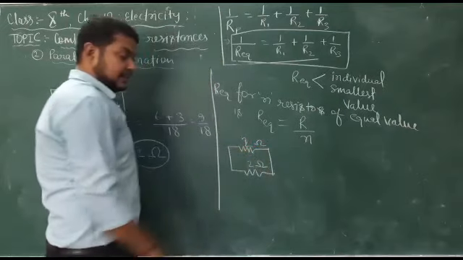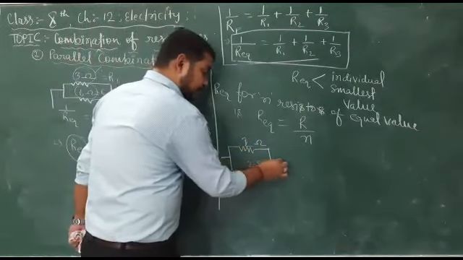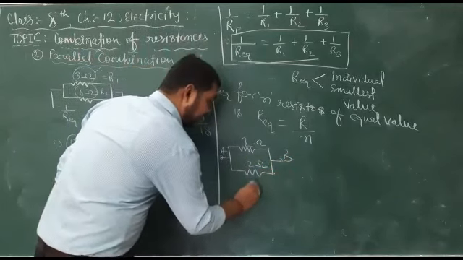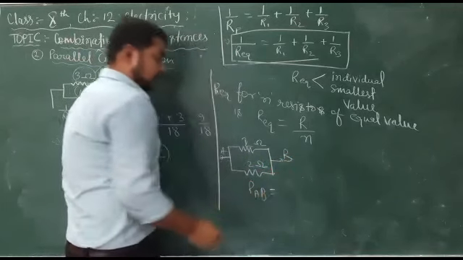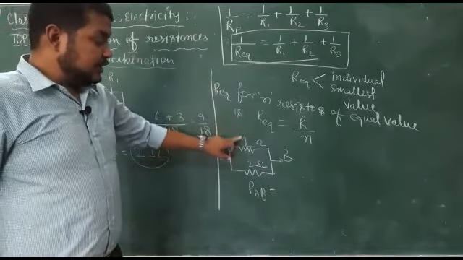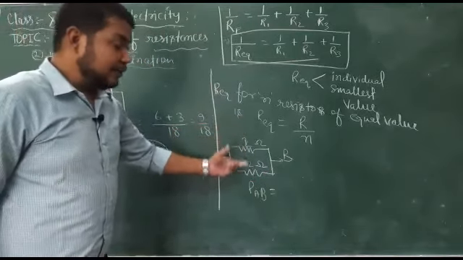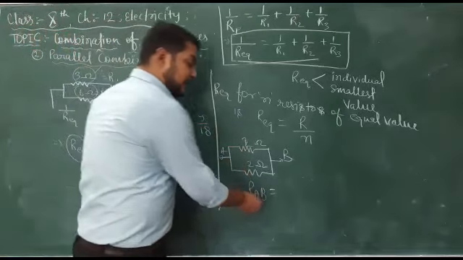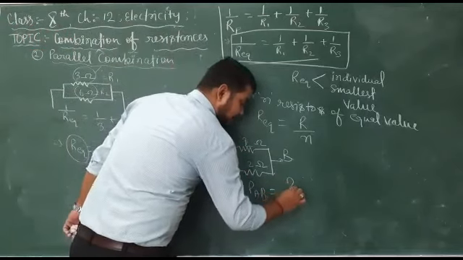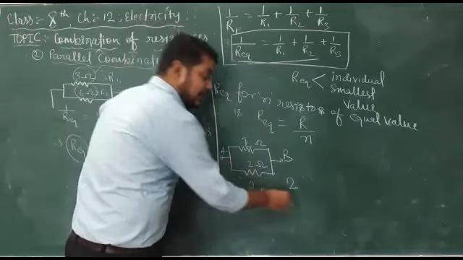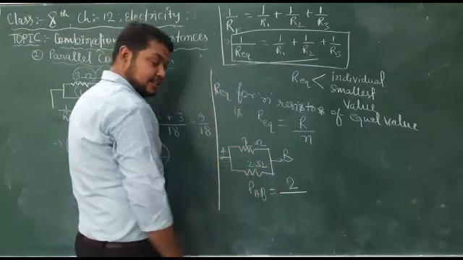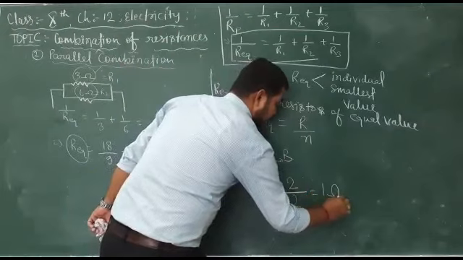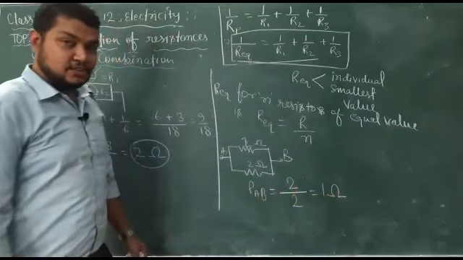If you want to get the resistance across the ends A and B, RAB will be equal to, now you just see here both the resistances are equal. There are 2 resistors of the same value, so the equivalent resistance will be the value of a resistor divided by the total number of resistors connected. So there are two resistors, and 1 ohm is the equivalent resistance of the circuit.